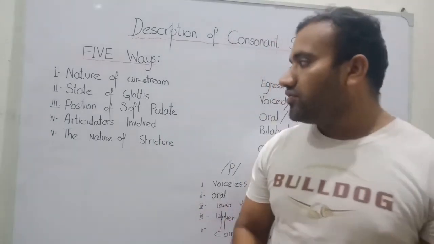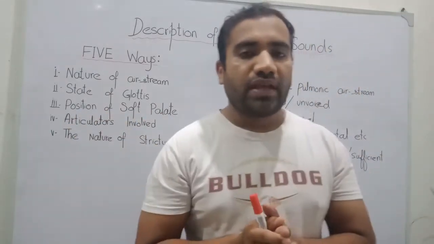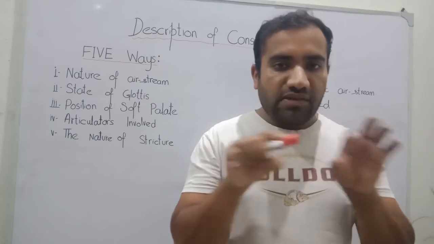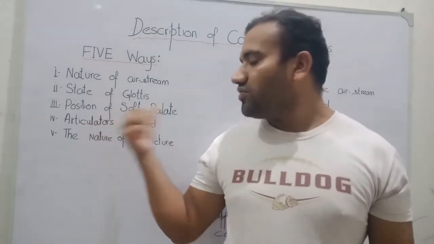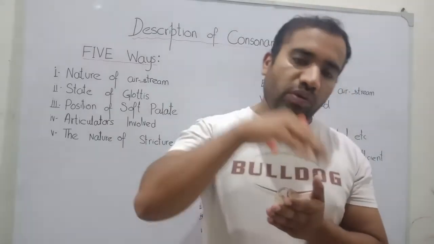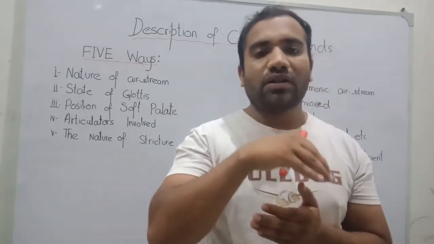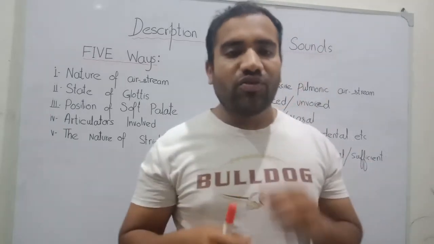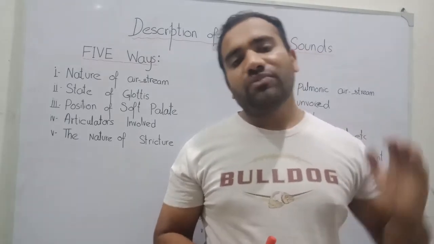The next one is the position of the soft palate. This is very important. We told you about the organs of speech, and among them the soft palate. If the soft palate is lowered, it blocks the oral passage and the air comes through the nose.